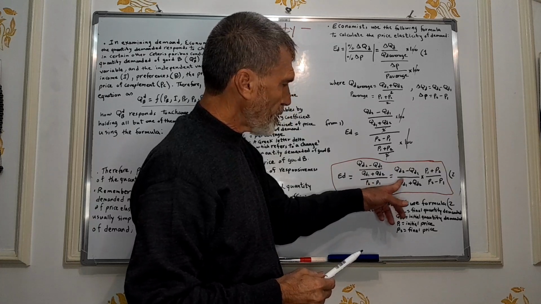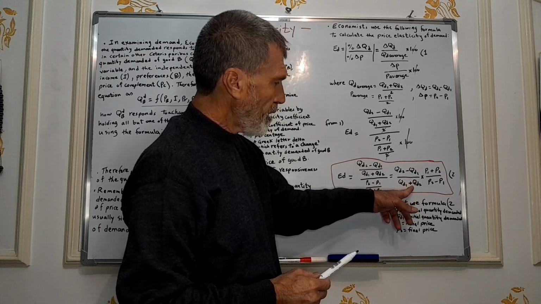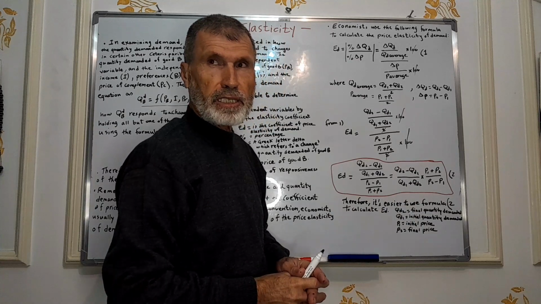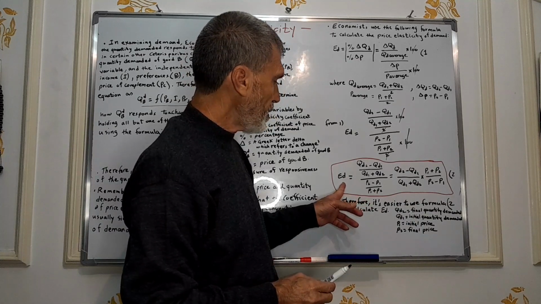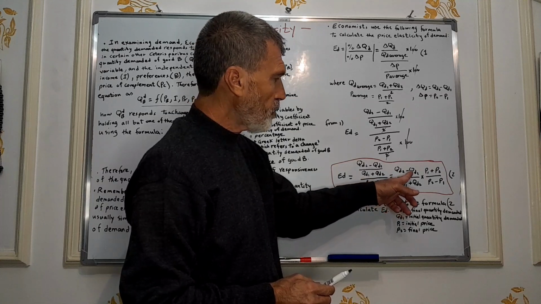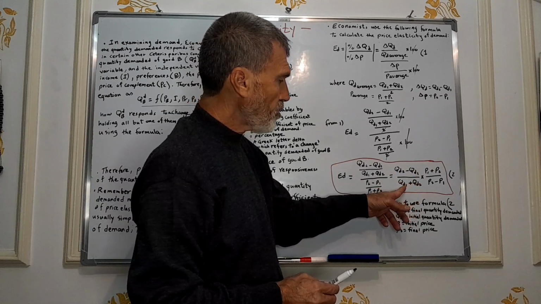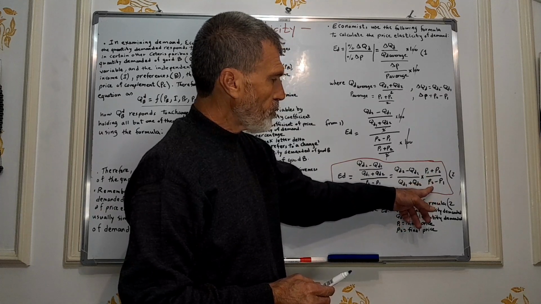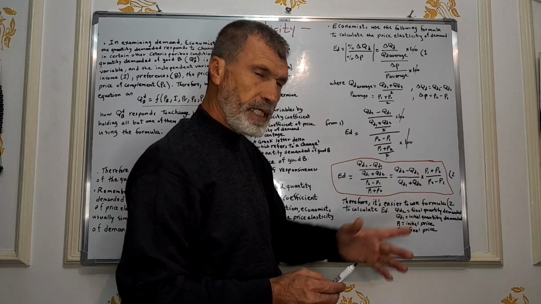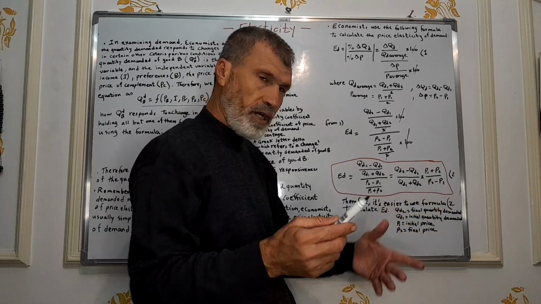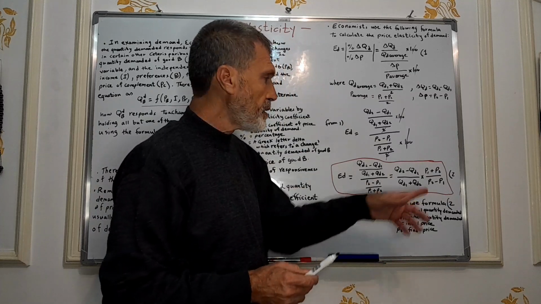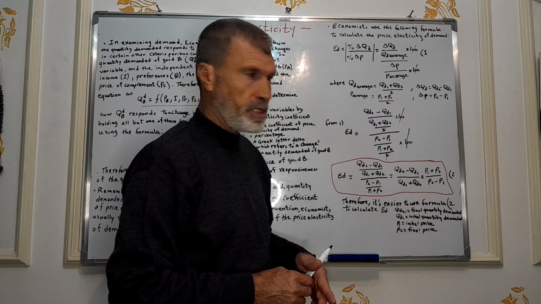This is the formula you can use to calculate the price elasticity of demand: ED is equal to QD2 minus QD1 over QD1 plus QD2, times P1 plus P2 over P2 minus P1, where P1 is the initial price, P2 is the final price, QD2 is the final quantity demanded, and QD1 is the initial quantity demanded.